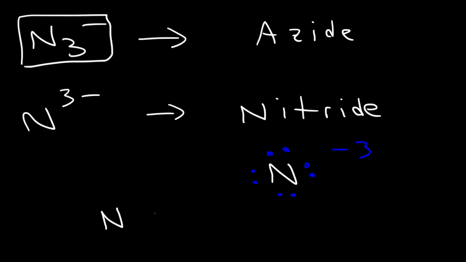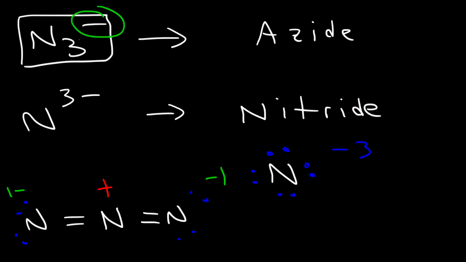Azide is composed of 3 nitrogen atoms. It looks like this. The nitrogen in the middle has a positive formal charge, and the ones at the end carry a negative formal charge. If you add up +1, -1, and -1, you get an overall net -1 charge. So that's the difference between N3 minus 1 and N3 minus. So this is azide and that's nitride.